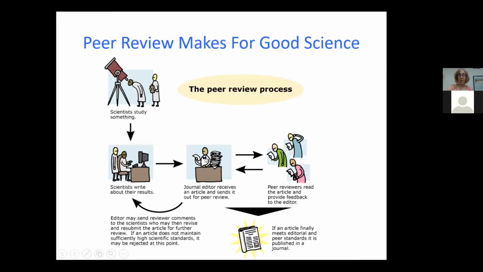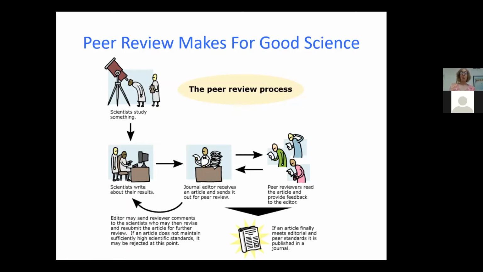The editor usually will then send the reviewers' comments back to you, and if the comments were reasonably favorable, the editor may say, okay, I'll publish it if you make these changes, or they may say, well, I'm going to reject it for now, but I'll reconsider it if you make these changes.